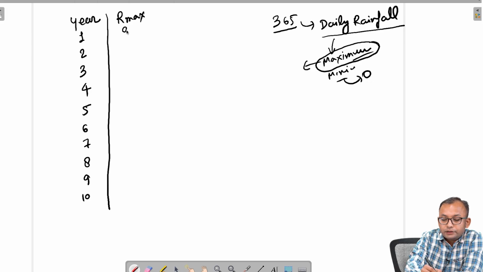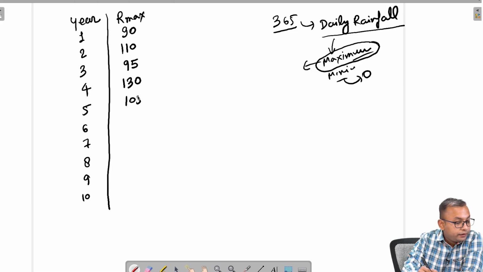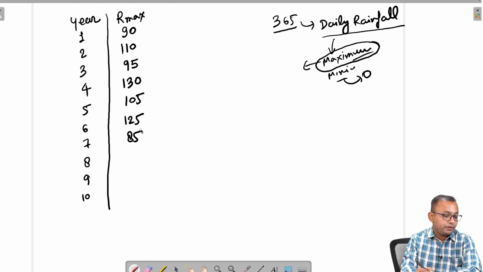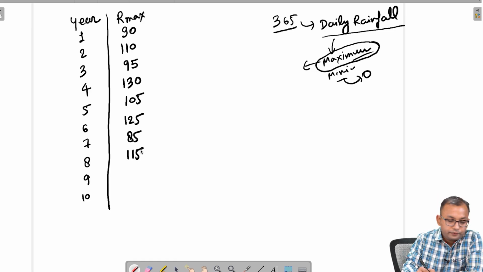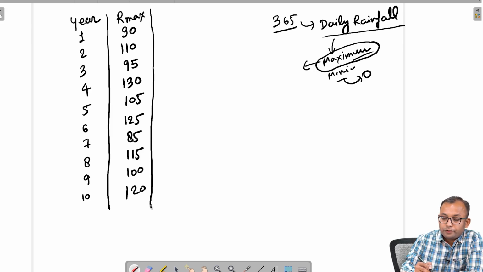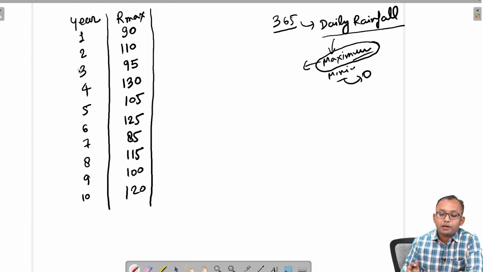Let us say in the first year you have 90, in the second year 110, in the third year 95, in the fourth year 130, then 105, then 125, then 85, then 115, then 100, and then 120. So, these are the R max values which we have reported for the different years.